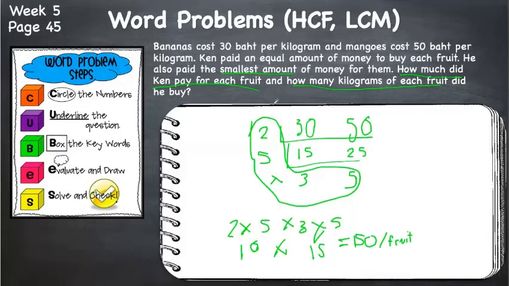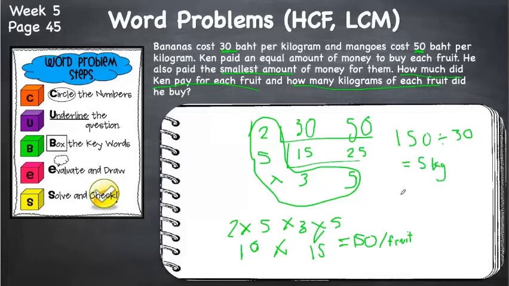So what do we have to do? We have to take 150 and we divide by 30 and 50, right? 30 baht for mangoes. So 150 divided by 30 is how much? 5 kilograms. Okay, so it's 5 kg.